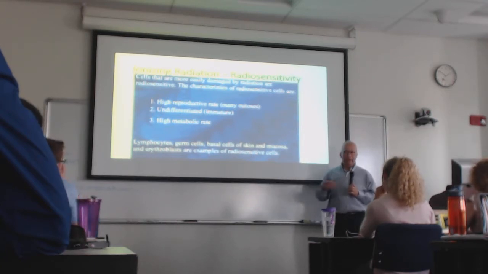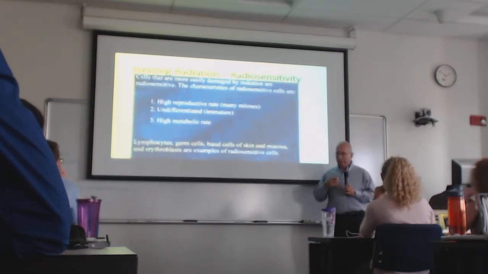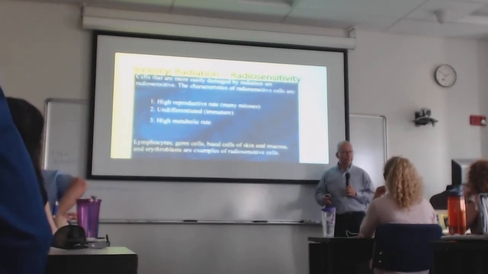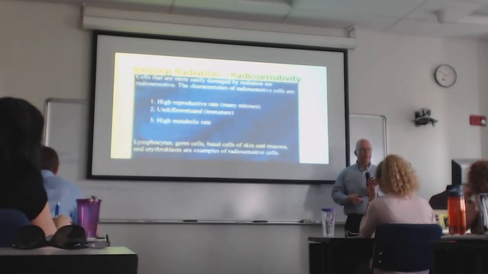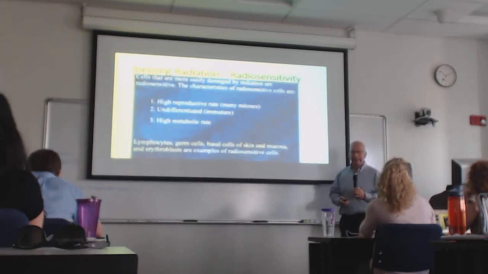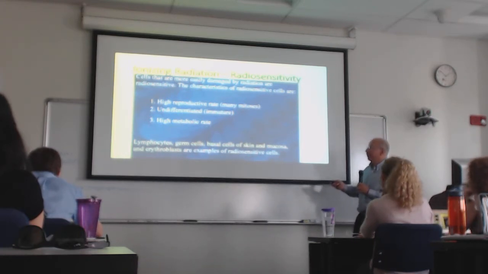All the mucosa in their GI tract sloughed off because these are high turnover cells. They get whacked with 6,000 millisieverts of radiation, and everything stops. There's just cell death all over the place, and they wind up essentially dying of GI issues, and not a pleasant way to die.